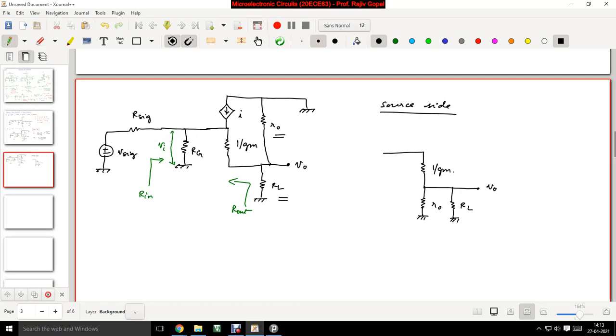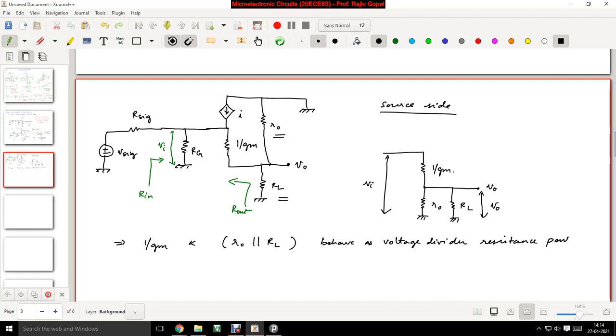The voltage across this is actually Vi, and the voltage across this is actually V naught. So I can say that 1 by gm and R naught parallel RL behave as a voltage divider resistance pair.